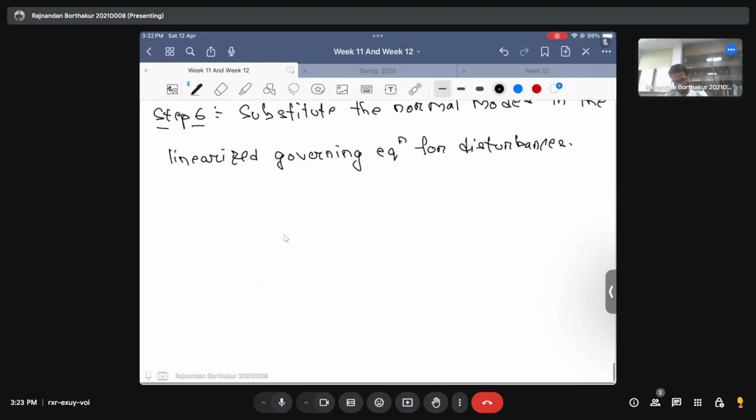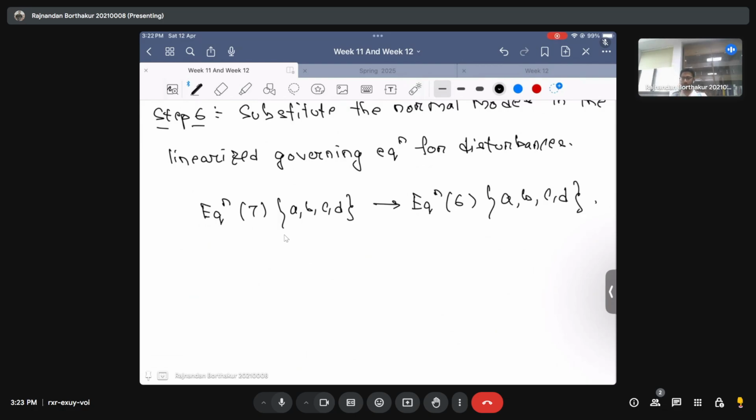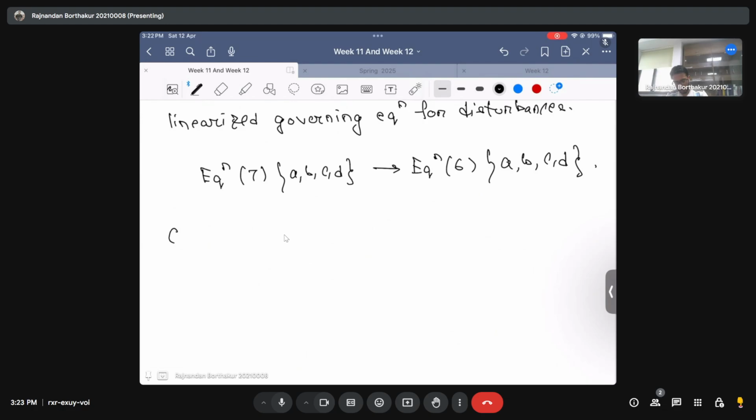So it's just substitution. I'll just skip the algebra here for the sake of time. You can do this. It's just a mere substitution that you need to do, and you can very nicely do it at your end and verify.